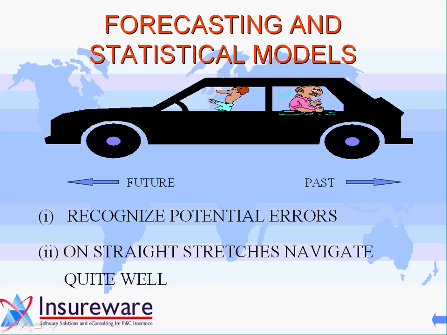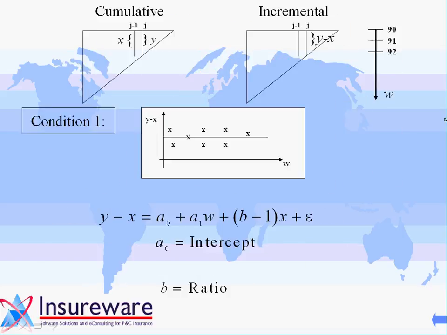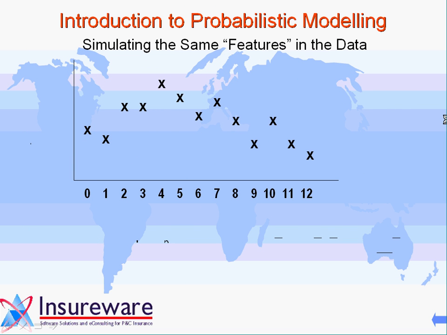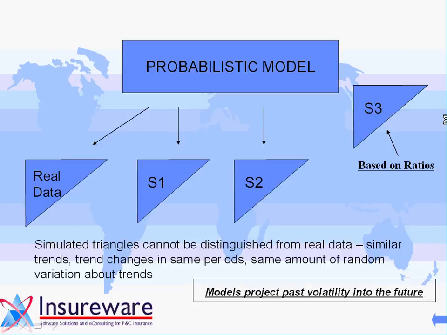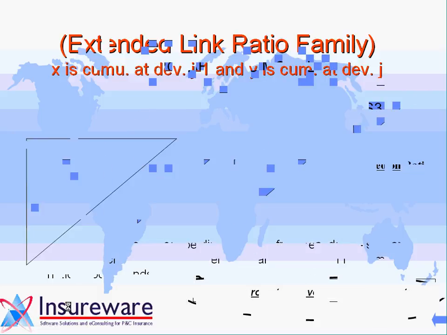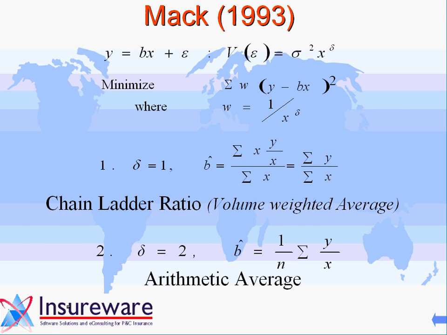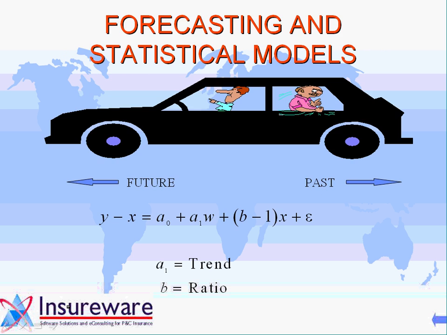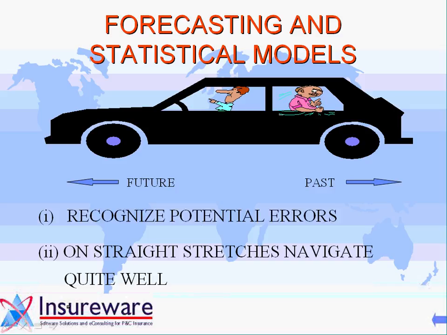Bear in mind that after measuring the past volatility, you use the past volatility or variability to forecast the future volatility. Volatility is synonymous with variability. So again, stability of trends has nothing to do with the stability of numbers or stability of the ratio.